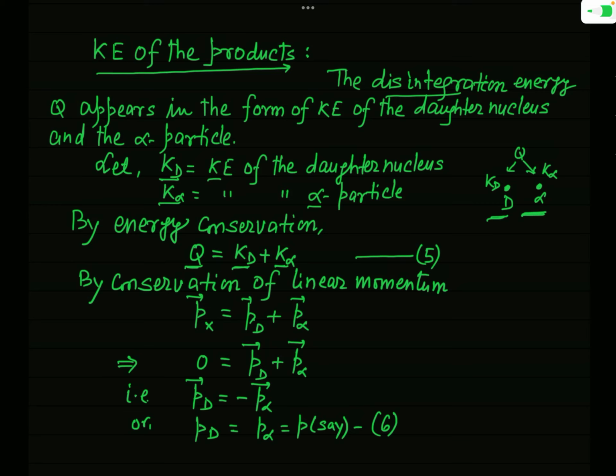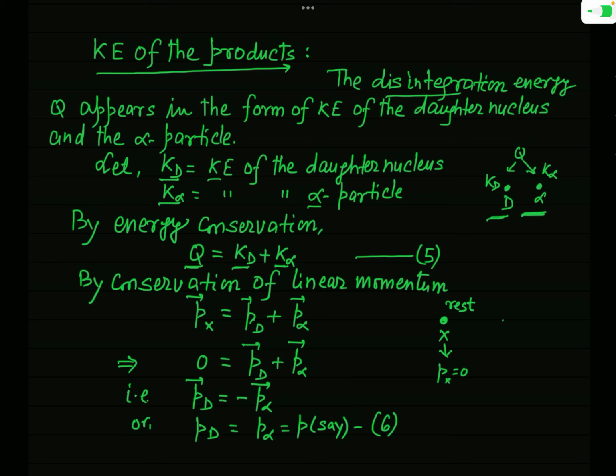Now, we consider that this is your parent nucleus X, and before this alpha decay, this parent nucleus was at rest. If it is at rest, its momentum will be equal to 0. The momentum of the parent nucleus will be 0, because before this decay process our parent nucleus was at rest.